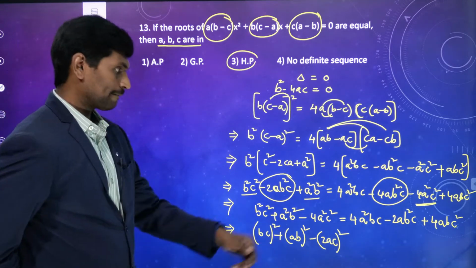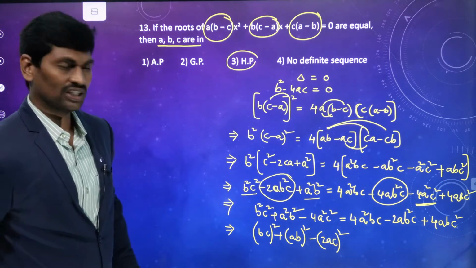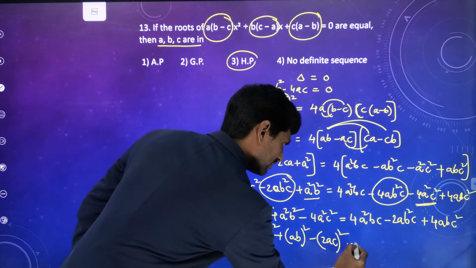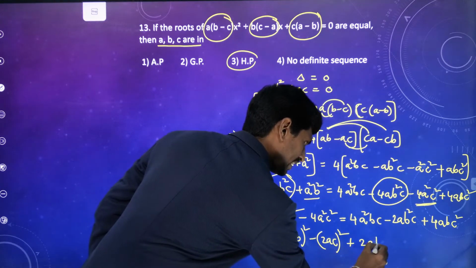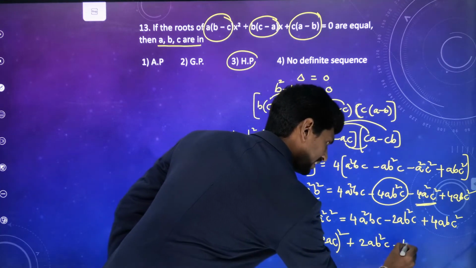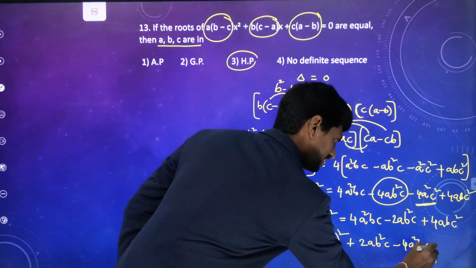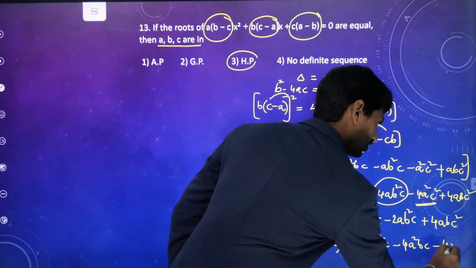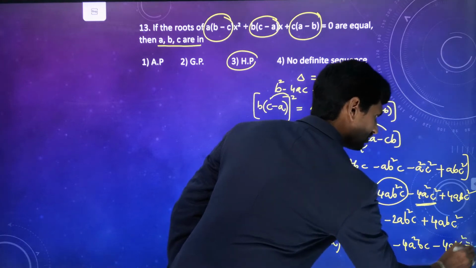Clear, children, till then? Now bring all of them together to this side. This will be plus 2ab square c minus 4a square bc minus 4abc square equal to 0.